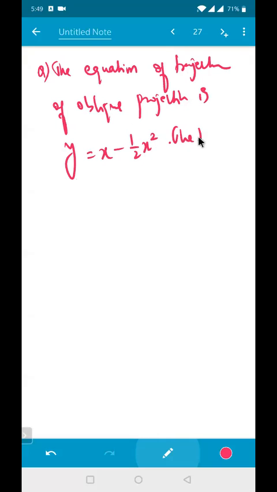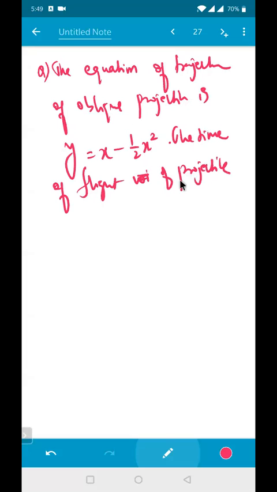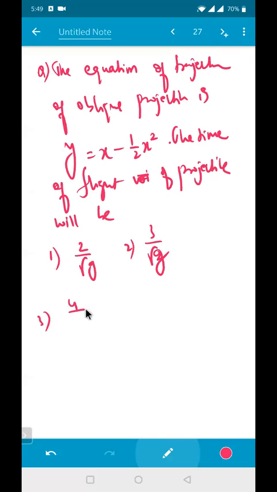The time of flight of the projectile will be? I'll give the options: 2 by root g, second option 3 by root g, third option 4 by root g, and fourth option 2 root 2 divided by g. Come on, try to do it.